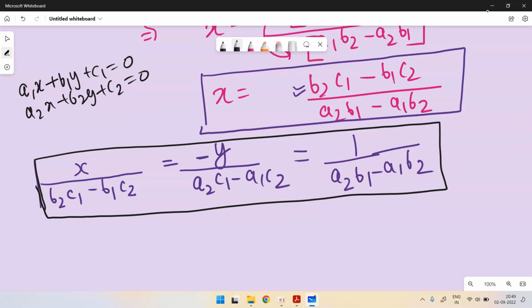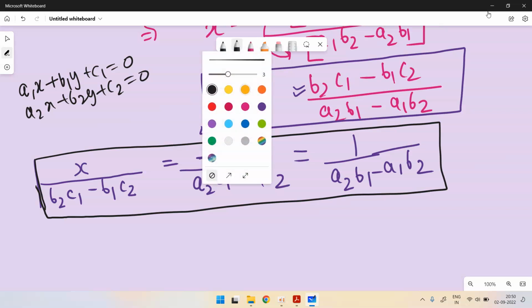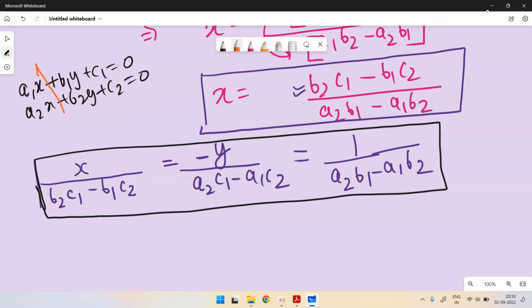So if you see these two equations, I am taking this one. Clearly look at x. For the numerator part only I'm saying, forget the x, and forget the y also.